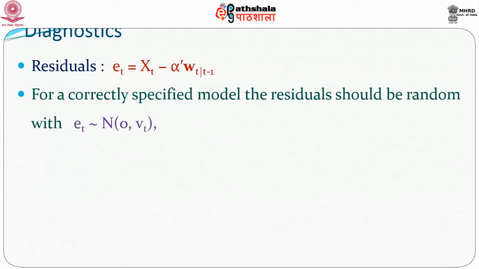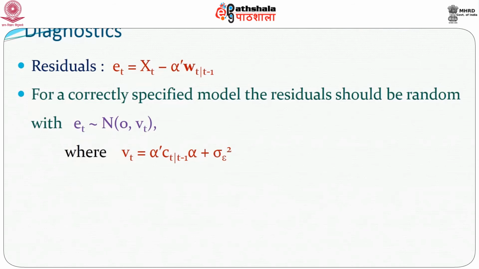Now, for a correctly specified model, this residual should be random with 0 mean and variance Vt, and it should preferably be normal. Now, what is Vt? Vt again we have calculated before from the Kalman filters. Vt is alpha prime Ct given t minus 1 into alpha plus sigma epsilon square.